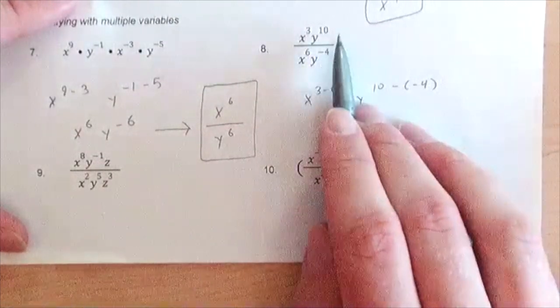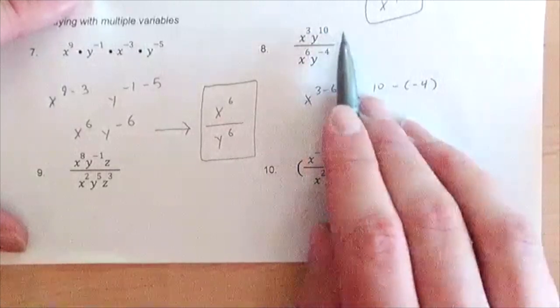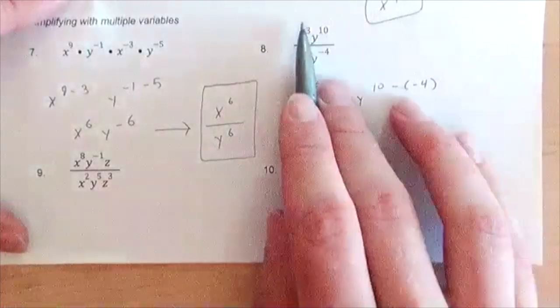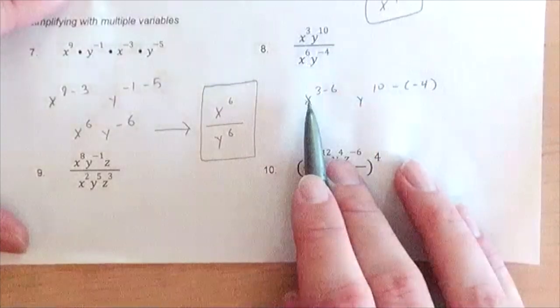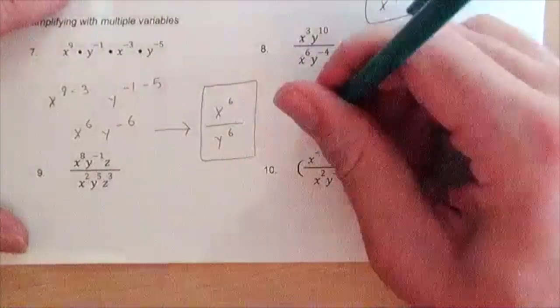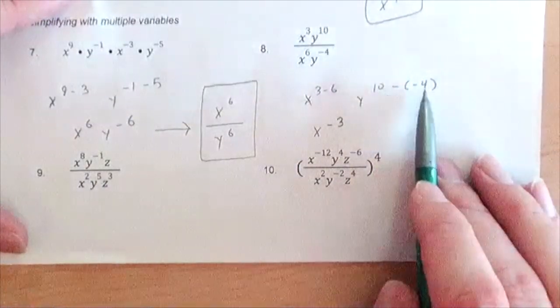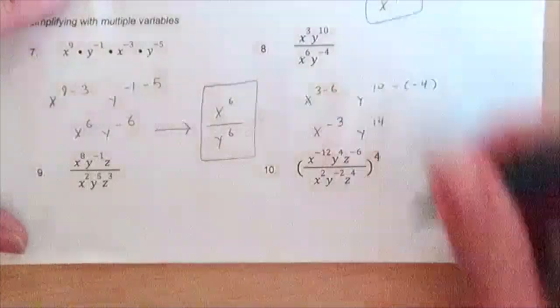You can flip it to the top and think you have y to the 10 times y to the 4. But if you ever get really stuck, you can always just do the math, right? If you see a fraction, it's the top number minus the bottom number. So 3 minus 6 gives me x to the negative 3. And then 10 minus negative 4 is going to be 14, or y to the 14th.